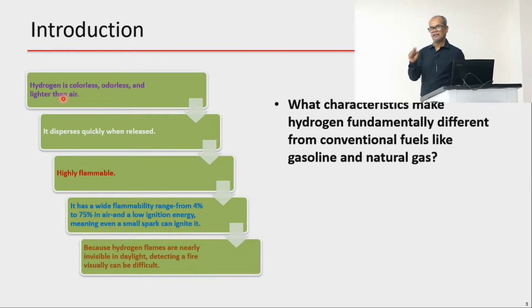It is very, very light. It disperses quickly when released, and that's why safety is also quite important for hydrogen technology. It's also highly flammable. If something happens, even with a small amount of energy, you might get fire.